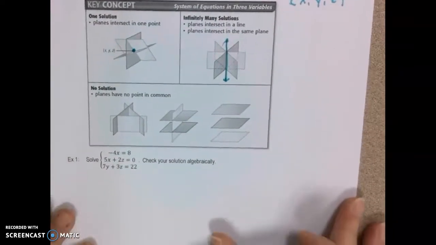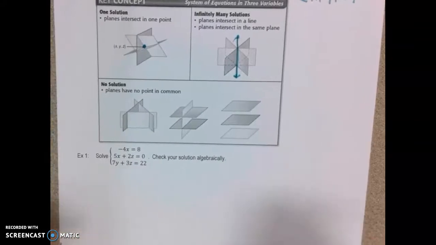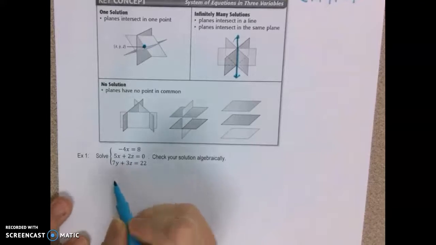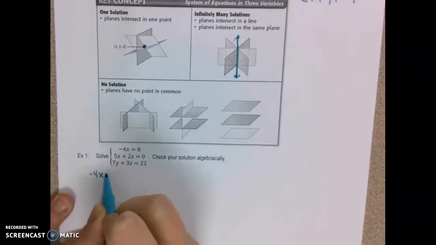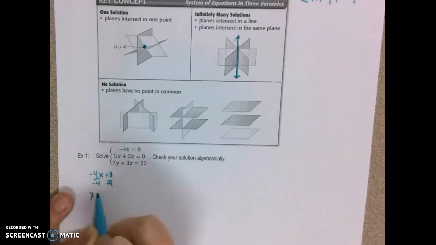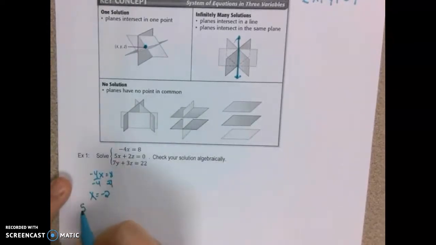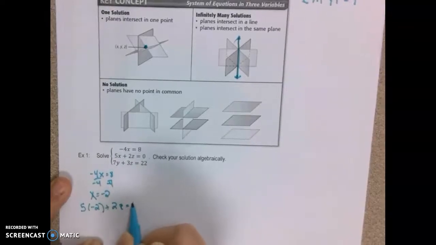To solve these, sometimes one of our equations we can solve right away. The first one, negative 4x equals 8. We solve it by dividing both sides by negative 4 and getting x equals negative 2. Then we plug that into one of our other equations, 5x plus 2z equals 0.